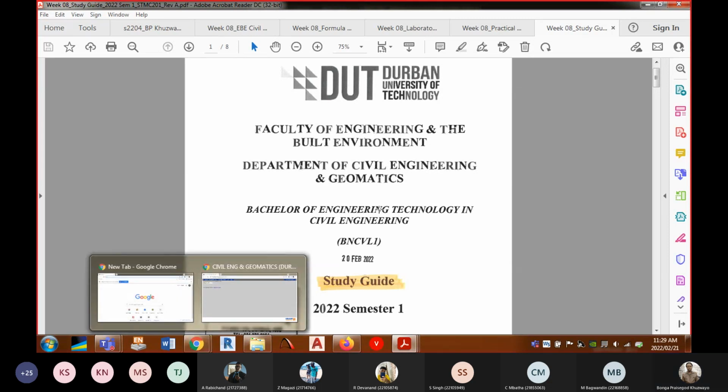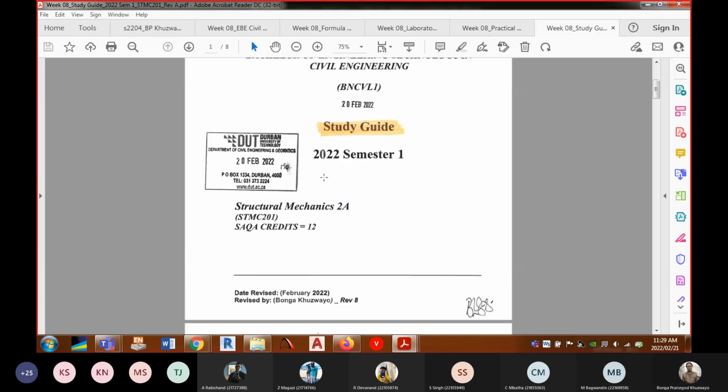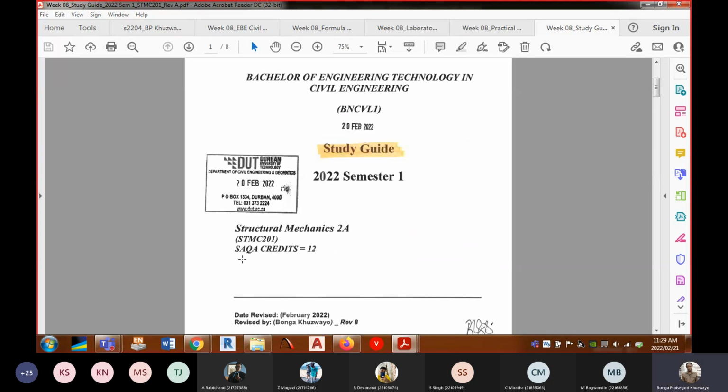Right, so study guide. In terms of SAQA credits, South African Qualifications Authority credits, this one is a 12 credit module. Structural Mechanics 1B, if you remember, was also 12. Civil Mechanics 1A you did with Mr. Judge Pai and also maybe me. That one was 8 credits.